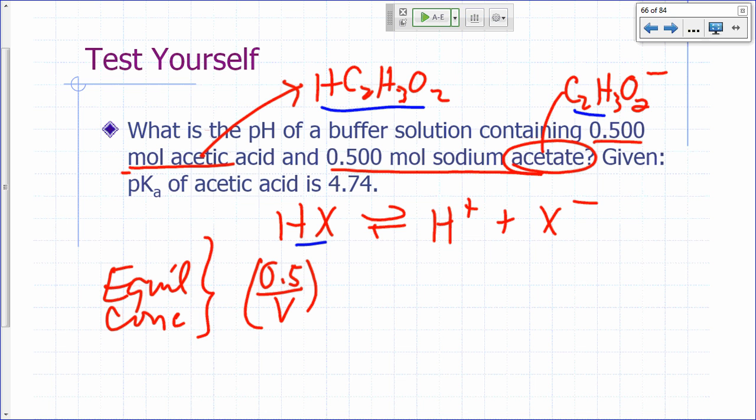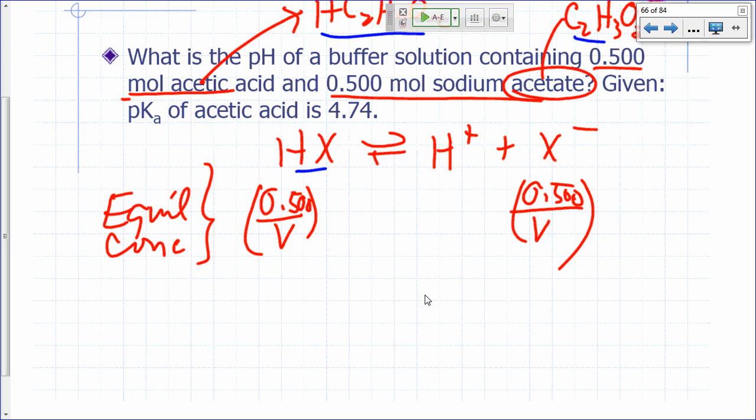And for sodium acetate, the conjugate base, acetate, C2H3O2 minus, that's your X minus. So the concentration of your conjugate base is also 0.5 over total volume. Let's be more precise here and put the right number of sig figs that are given in the question. All right. So what would be the concentration of H plus?